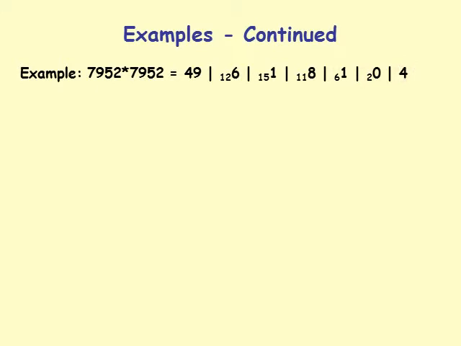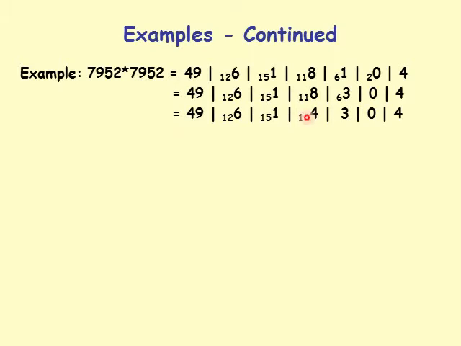Okay, so let's try to resolve the carries now. This 2 gets carried to the left, the 61 becomes 63. Now 6 gets carried to the left, the 118 becomes 124. Now 12 gets carried to the left, so 151 becomes 163.